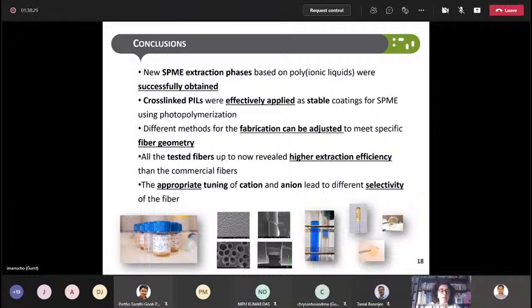We saw quite well in everything that I presented that either the functionalization on the polymeric ionic liquid or the anion are very important to tune the fiber to sorb some specific materials that we wanted.